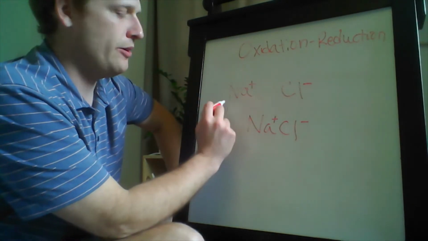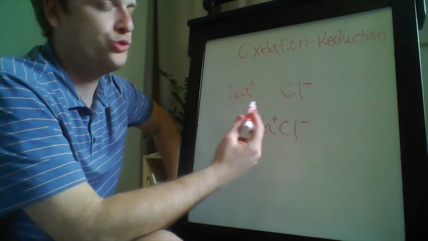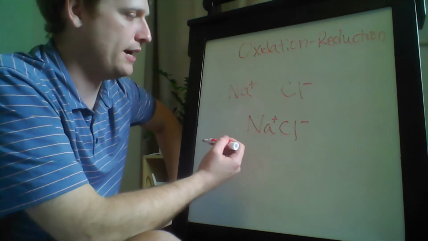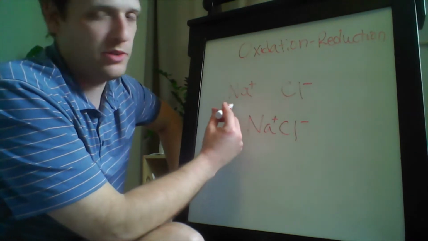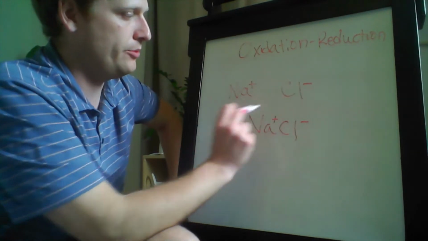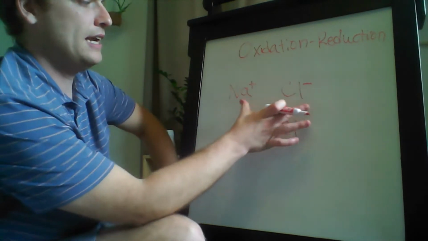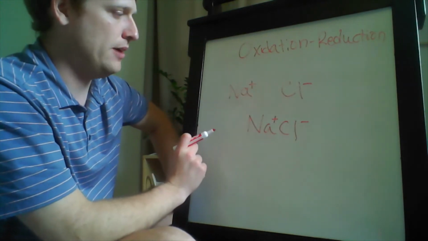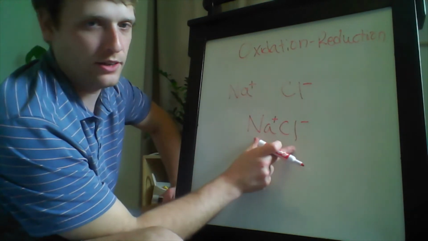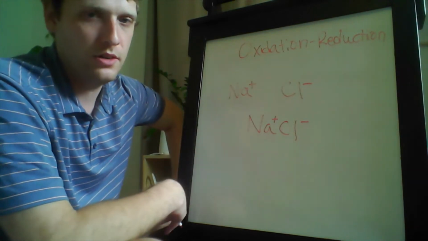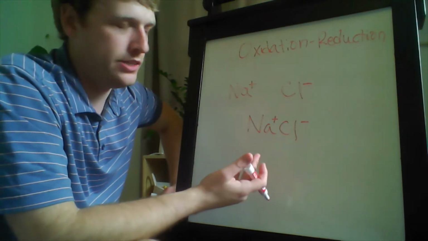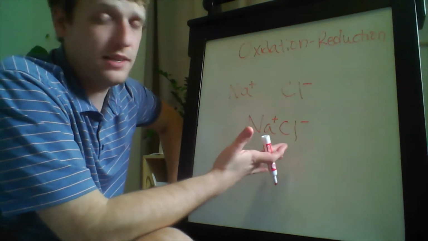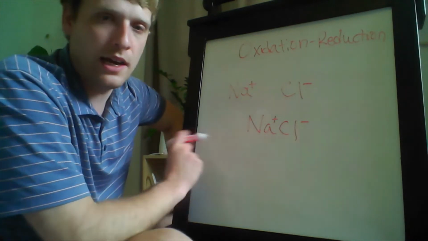So now where you had two neutral or uncharged atoms, now you've got sodium with a positive charge, chlorine with a negative charge, and that positive and negative on those two atoms is going to make them interact. They're going to be drawn together because, of course, the age-old adage is that positive attracts negative. And so that's what an ionic bond is.